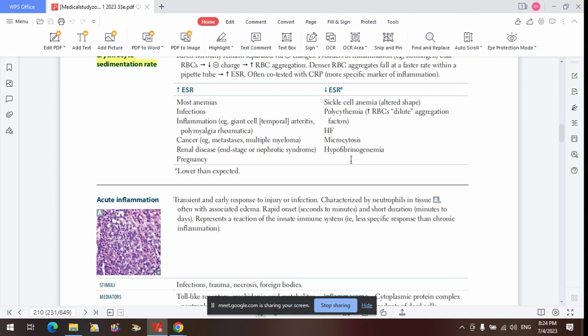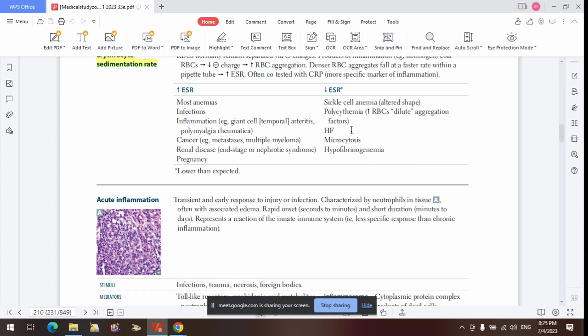So that is why they don't aggregate and sediment at a higher rate. Because of the reduced surface area to bind to fibrinogen, and of course hypofibrinogenemia is self-explanatory. There's no fibrinogen to bind to the red blood cell to neutralize the charges and make them aggregate. So they don't aggregate, they are not dense, and they don't fall at a faster rate.